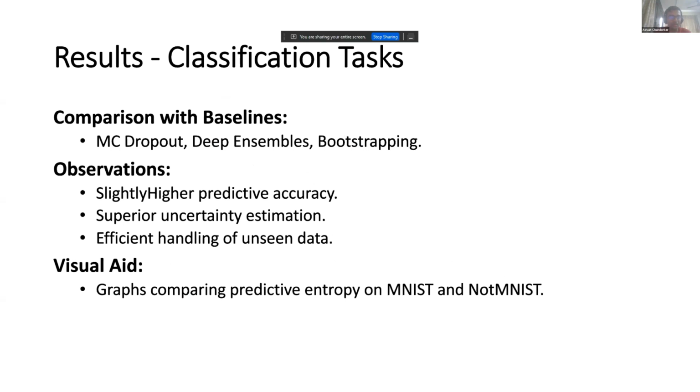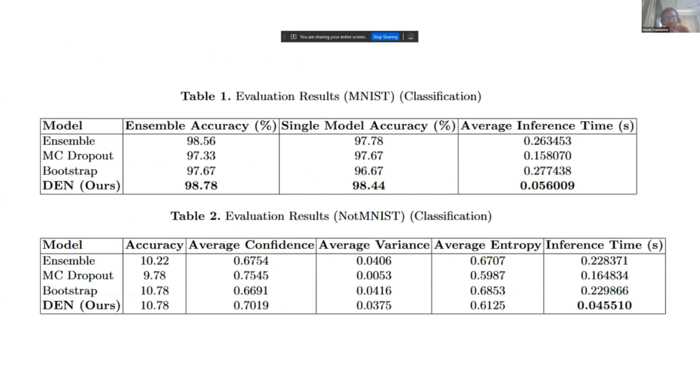We compared these results with Monte Carlo dropout, deep ensemble, and bootstrapping. I won't point out the results directly here, as it would take a lot of time. But the main pointer I would like to make is that the rest of the scores differ by approximately plus or minus 1%.